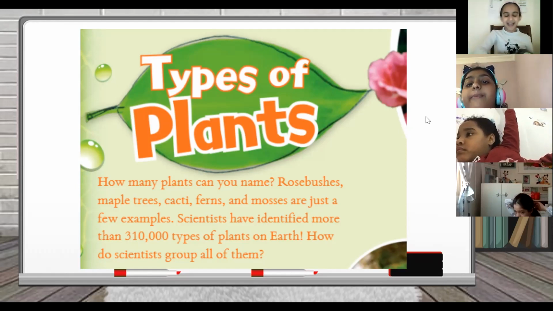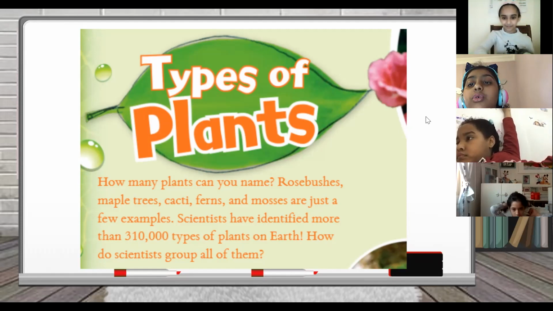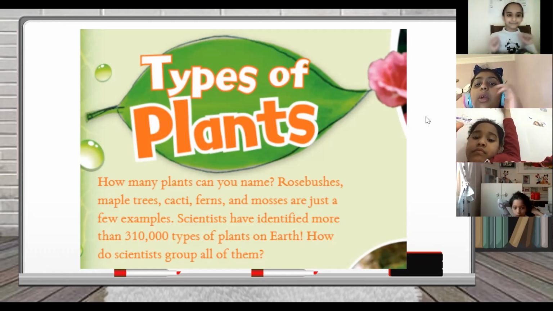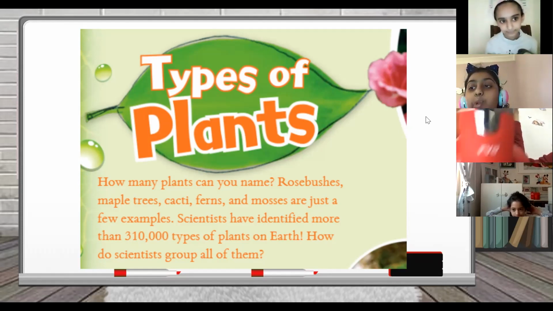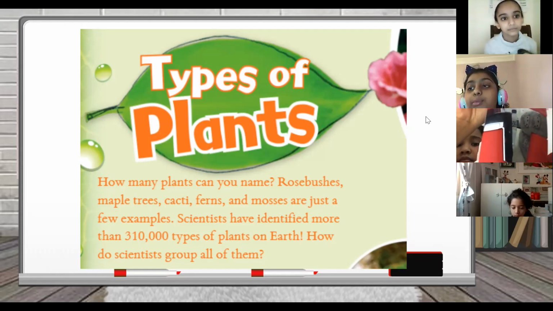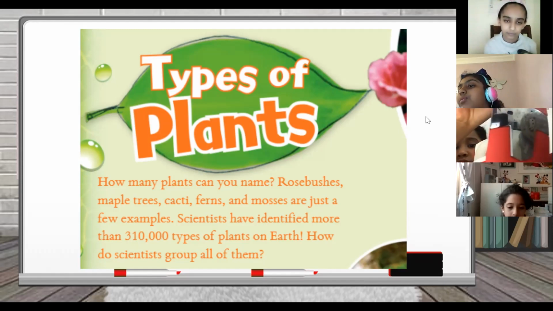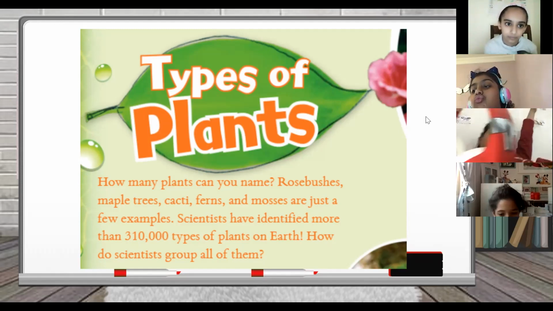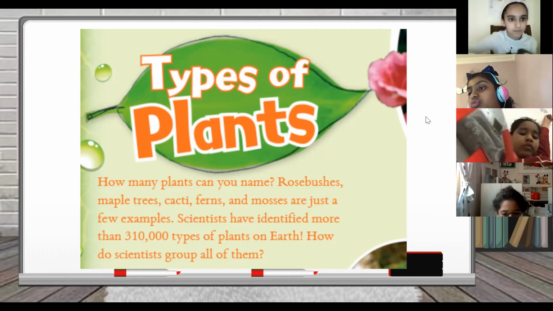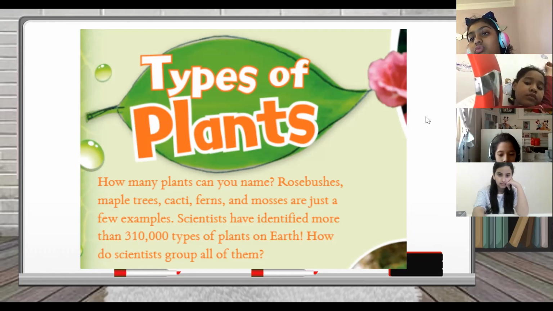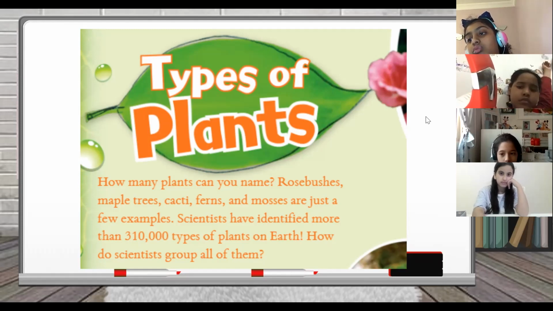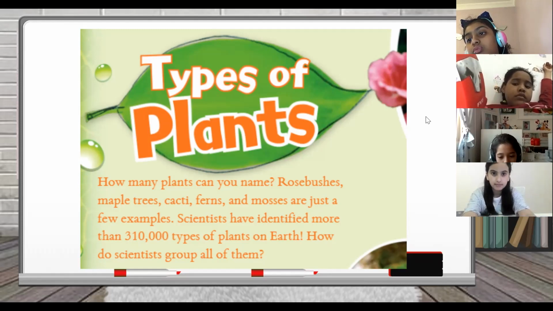How does a non-vascular plant grow without roots? How can they grow without food? Listen, my dear, they are living in a moist environment, so they have water, sun, and they can make their own food, but they cannot grow upwards.